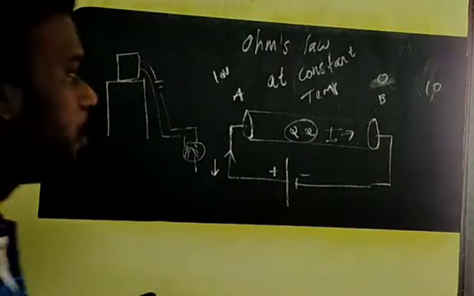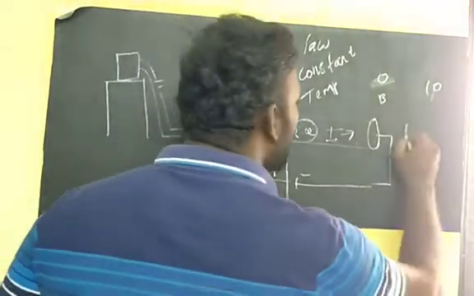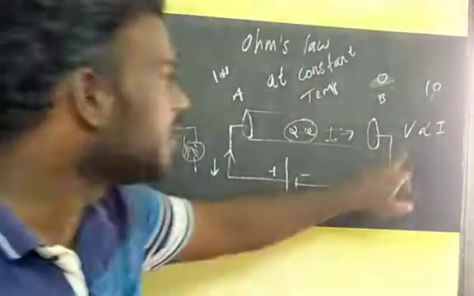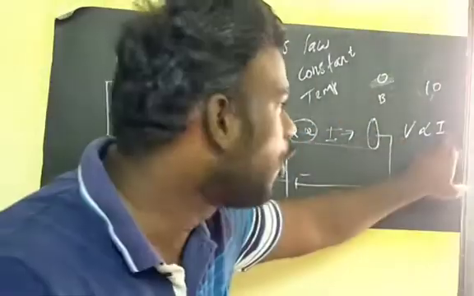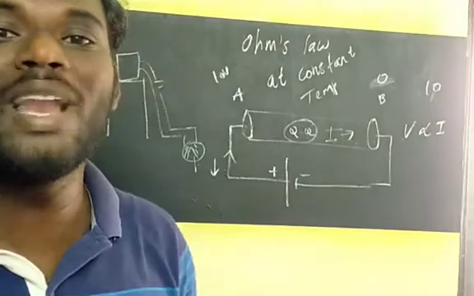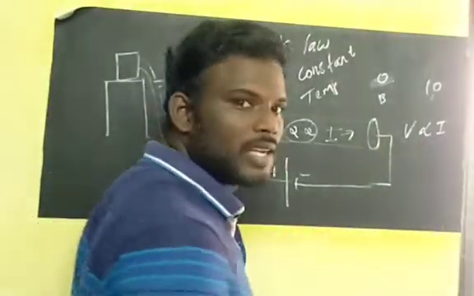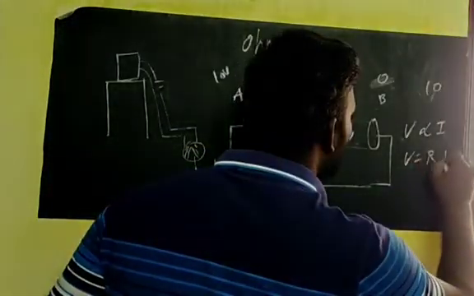Mathematically, V is directly proportional to I. As we increase the potential difference across the conductor, the current also will increase. To remove the proportionality, we have to add a constant, that is V is equal to R into I.